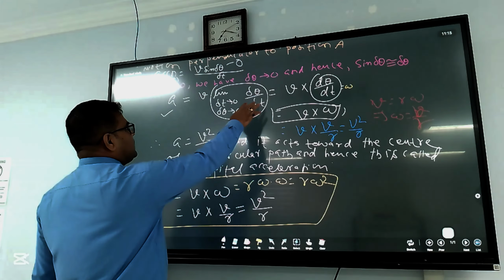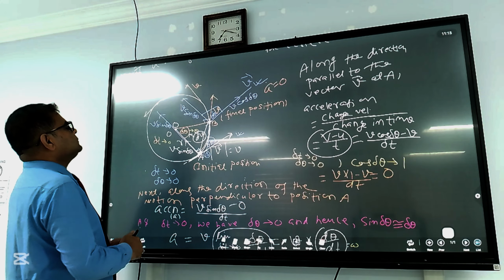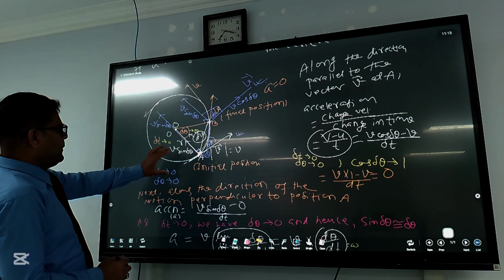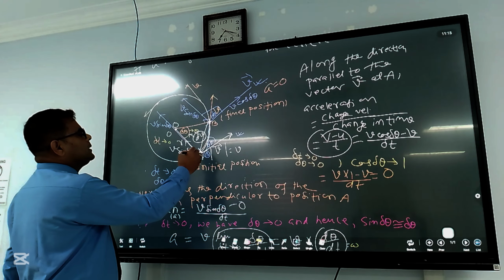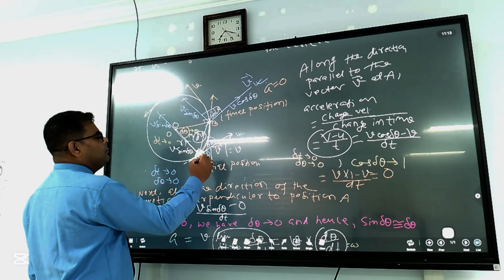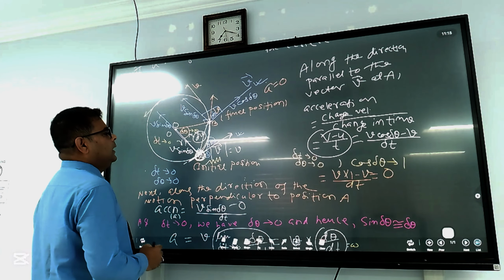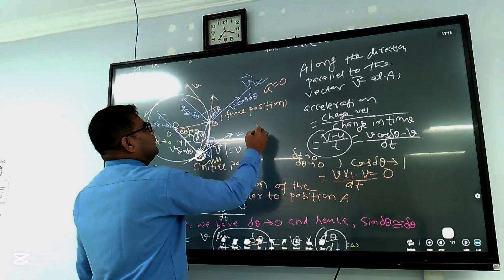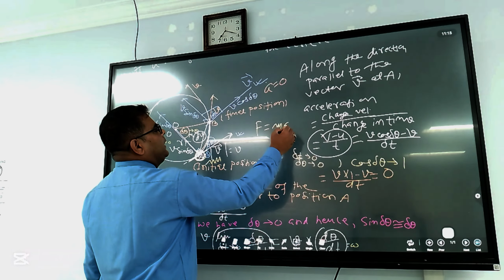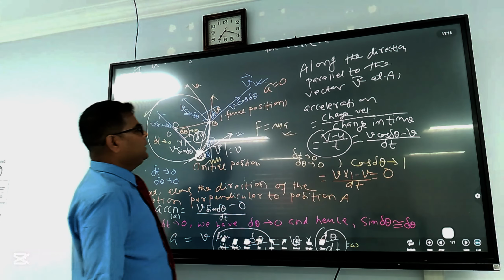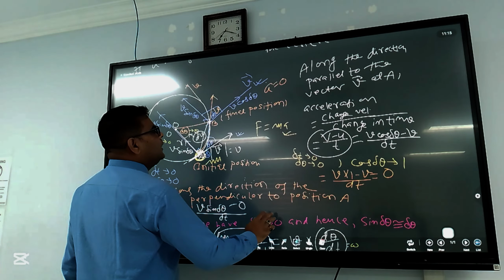Now let's talk about the centripetal force. Here you see the direction of acceleration is towards the center, and if you consider this particle to have mass m, for example, then by Newton's second law of motion, F equals ma, and then you substitute the value of A, and you will have the formula to calculate the centripetal force.